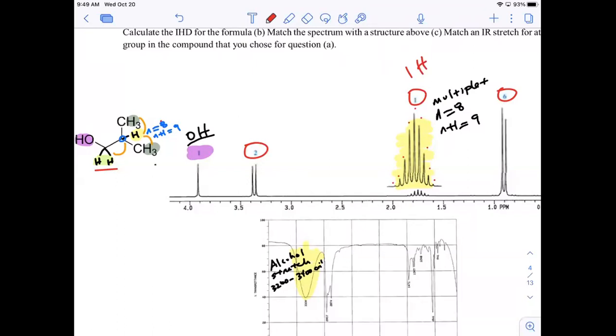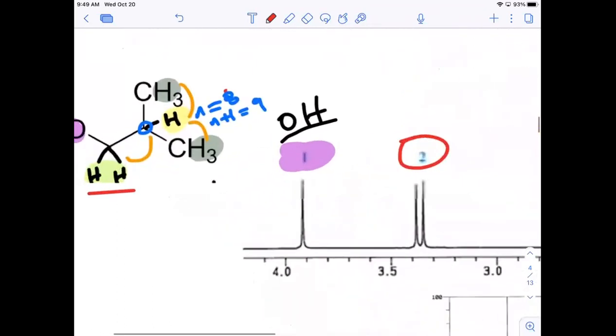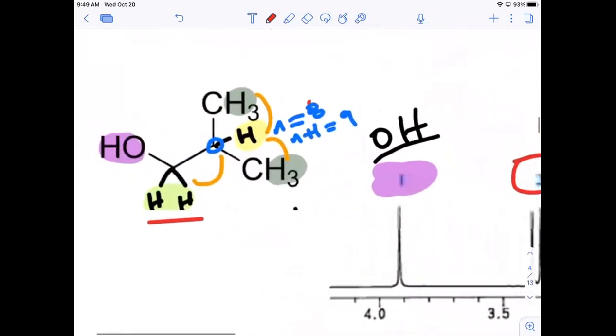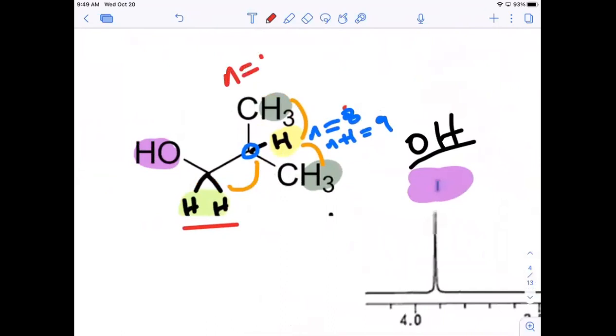Are you following me? So where do we find that? The 2 CH3s. And do you see why they will be a doublet? For that CH3, N equals 1, because it's only got 1 neighboring proton on the carbon next door to it, the yellow one.